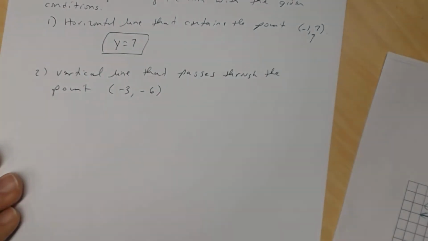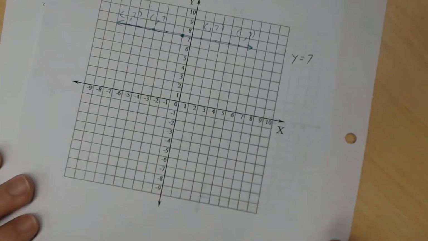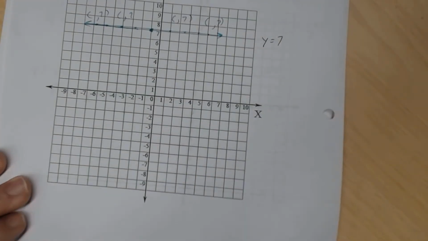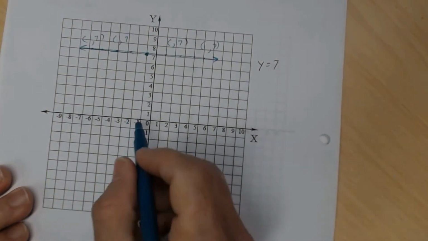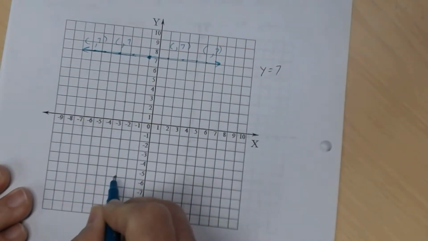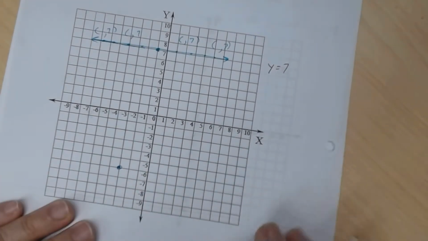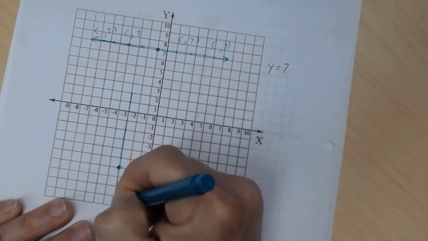So again, I'm going to use the same coordinate plane. I'm going to plot the point -3, -6 right here. Then I'm going to draw the vertical line that goes through this point. So here's my vertical line.